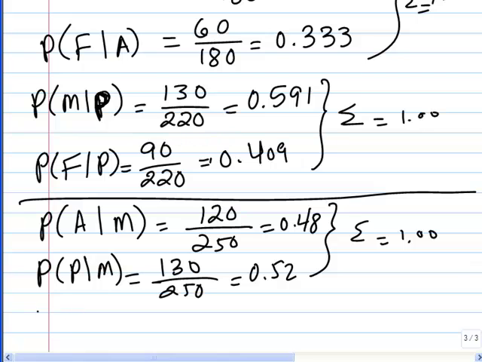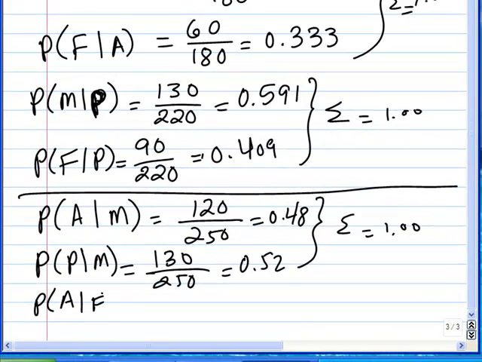And we also have the probability of buying a car because of its appearance, given that you're a female, and that would be 60 over 150, which is 0.4.